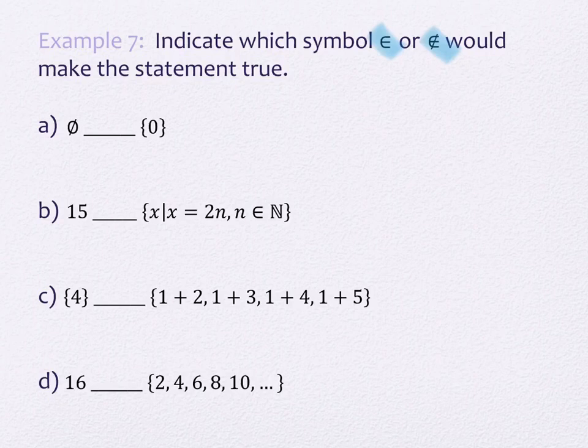Is it even describing an element? And then the second thing you have to decide is is it an element of the thing that actually is over on the other side? So that's sort of step 2. So on step number 1, we're looking for, is it even an element? So the first line, part A, what is that object that's on the left? We gave it a name before.